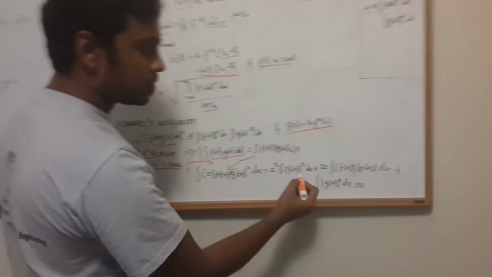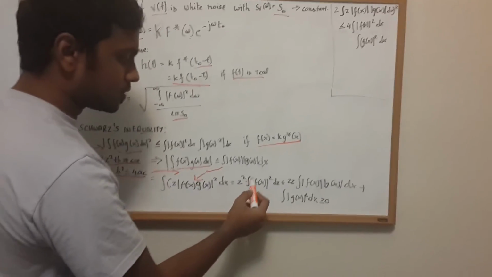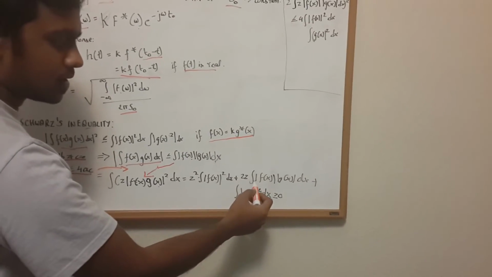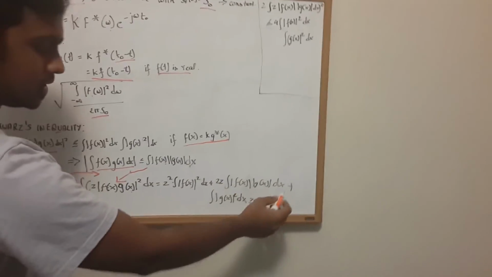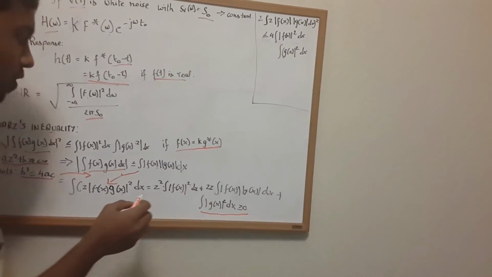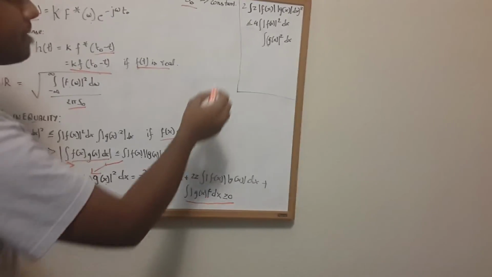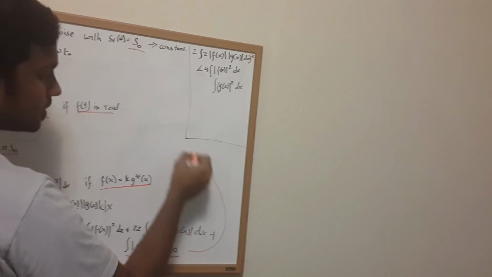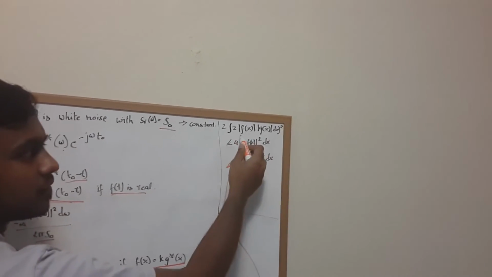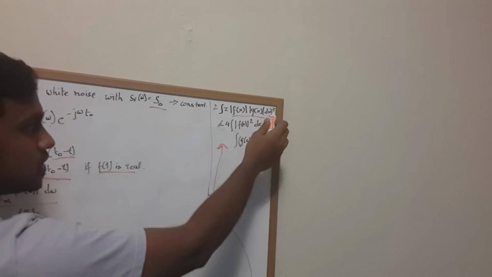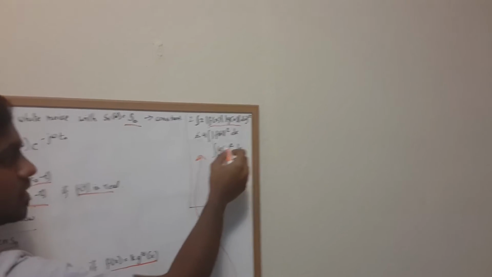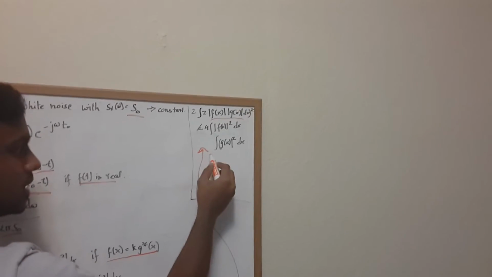So a squared plus 2ab plus b squared. So z squared integral modulus f of x the whole square dx plus 2z integral modulus f of x g of x dx plus integral modulus g of x the whole square dx. So all these are greater than or equal to 0. Now further simplifying this, we get 2 integral modulus f of x modulus g of x dx the whole square is less than or equal to 4 integral f of x the whole square dx into integral g of x the whole square dx.